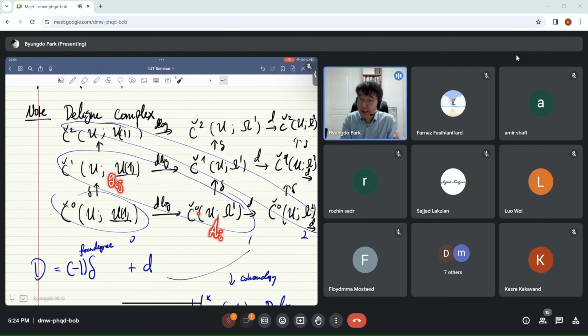Using only this local data, you have a U1 bundle with connection. And then we just have seen that for bundle gerbs, like one-gerb, you have lambda_ijk, and you have a_ij, and you have b_i. This data gives you just your gerb with connection.